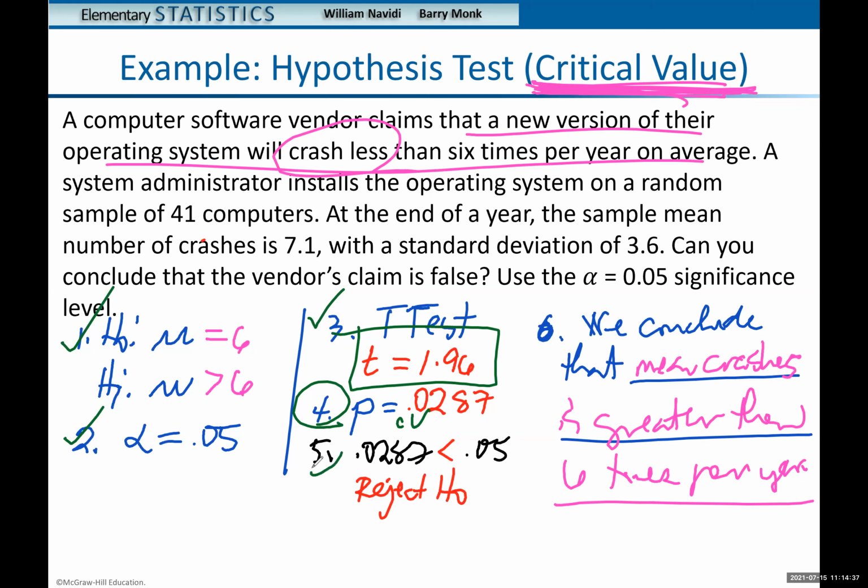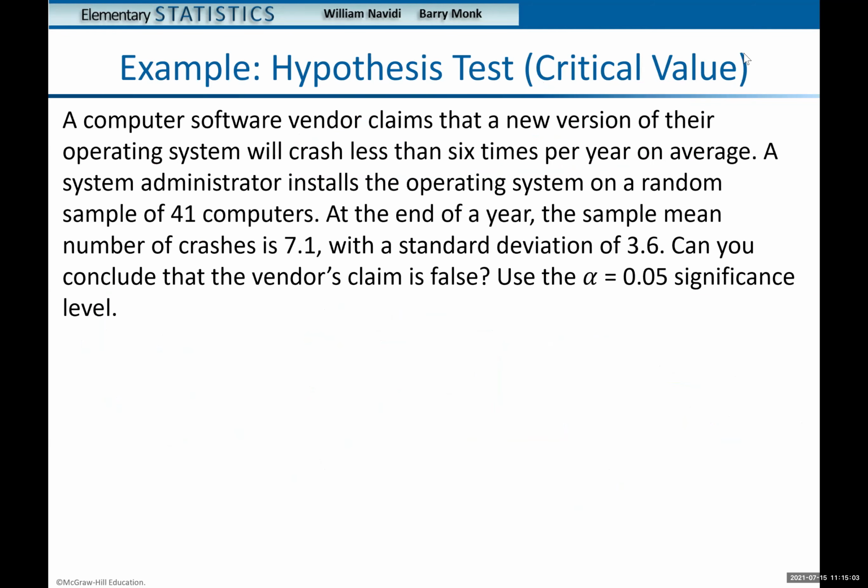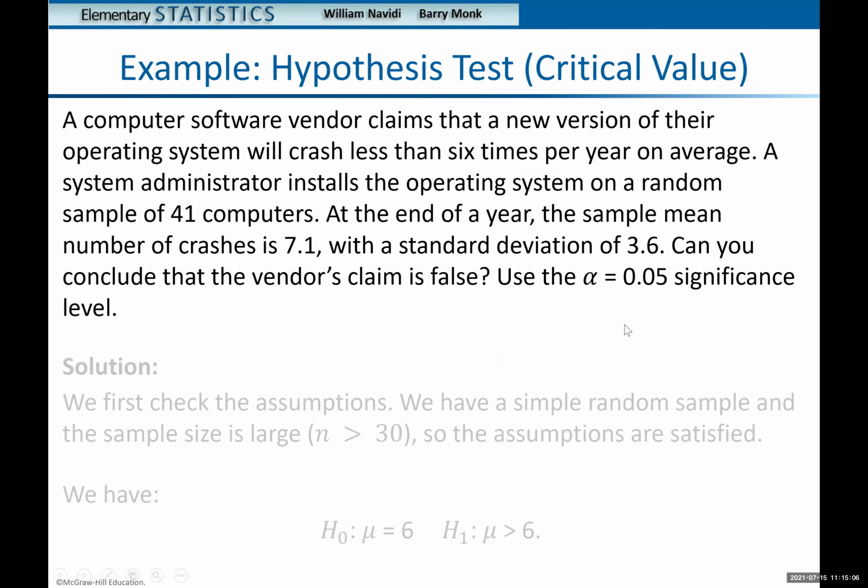And step 5, you cannot use P value here. You're comparing now your CV and your T. For P value, you compare P and alpha. For critical value, you compare your CV and your T. And then, of course, same conclusion.